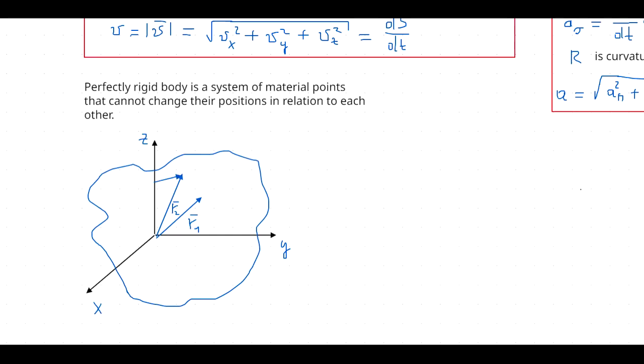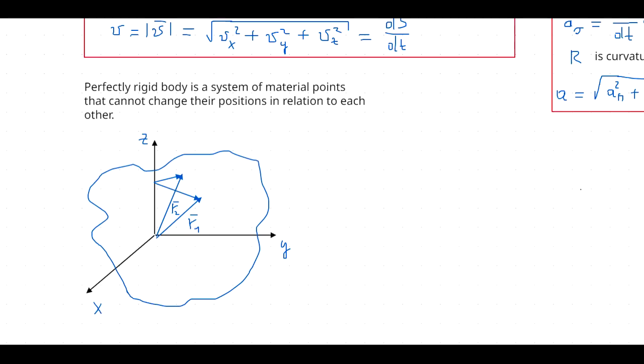I hope you understand that the trajectory of each material point of a perfectly rigid body is a circle. And so every circle has its radius. So here we can define this radius.